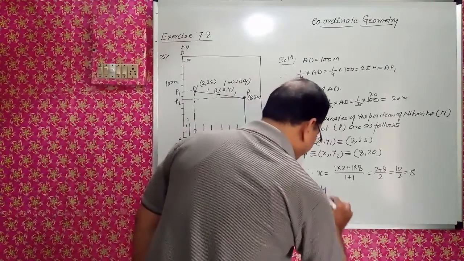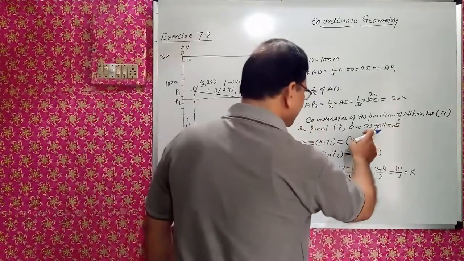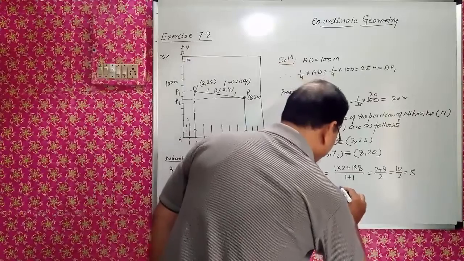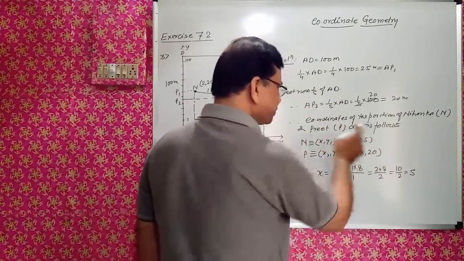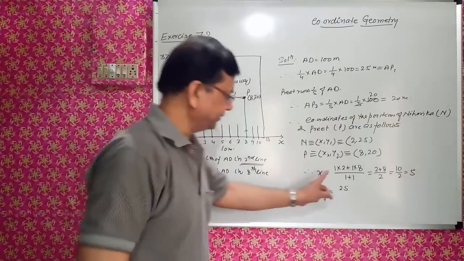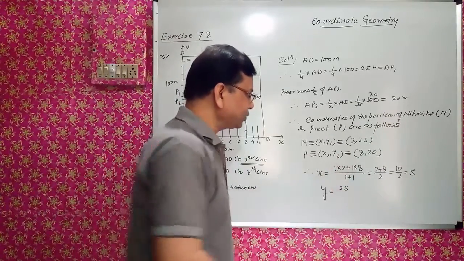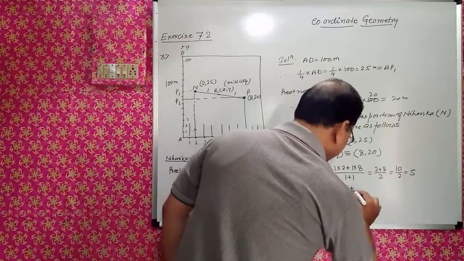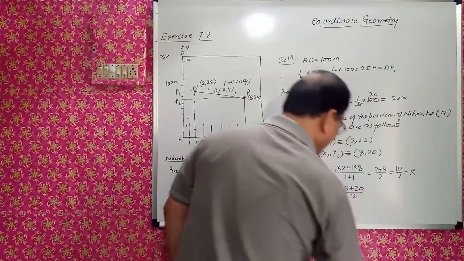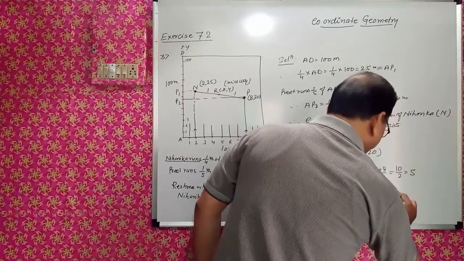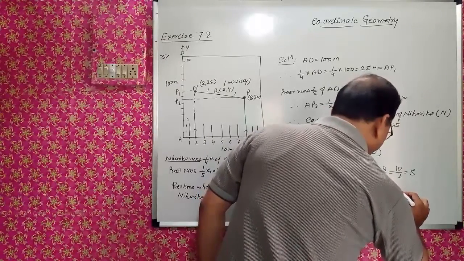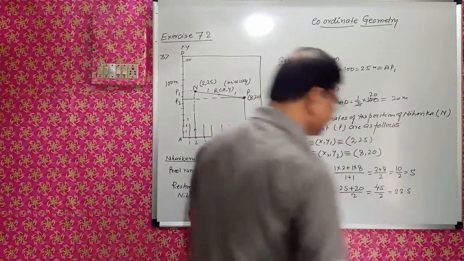Similarly, y coordinate we can find, that is 25 plus 20 by 2, right? Ratio is 1:1. So 25 plus 20 divided by 2. That is how much? 45 by 2, that is 22.5.